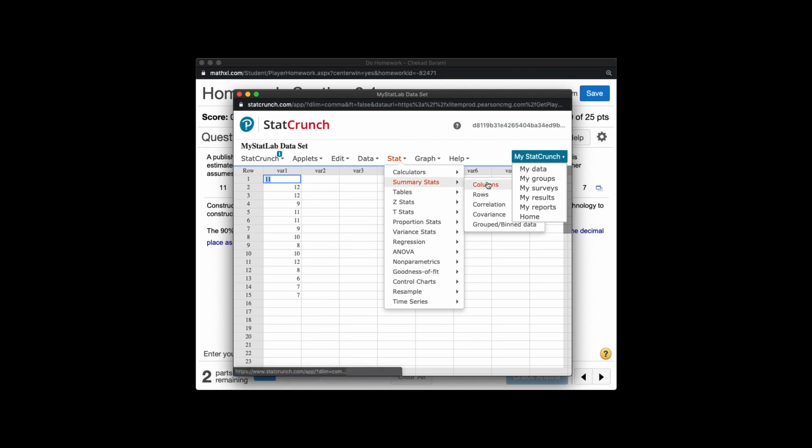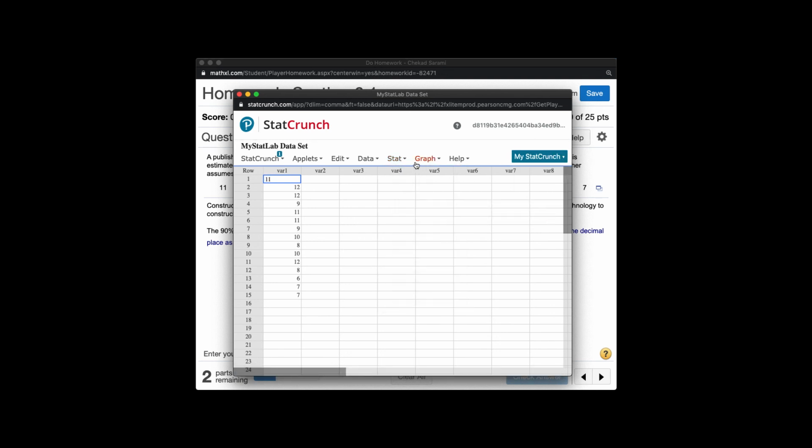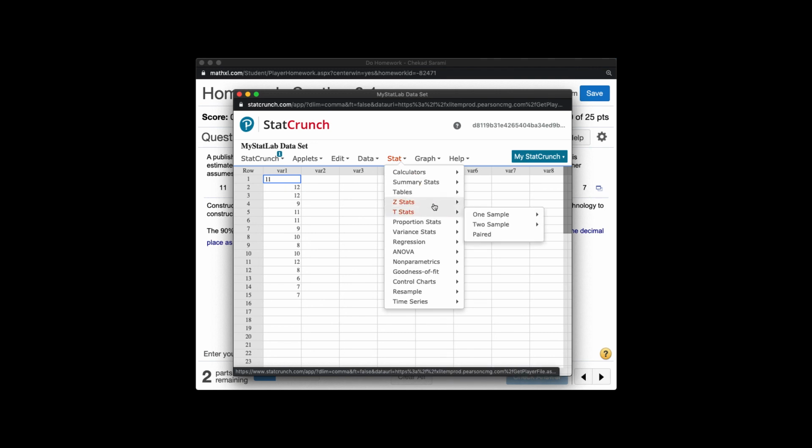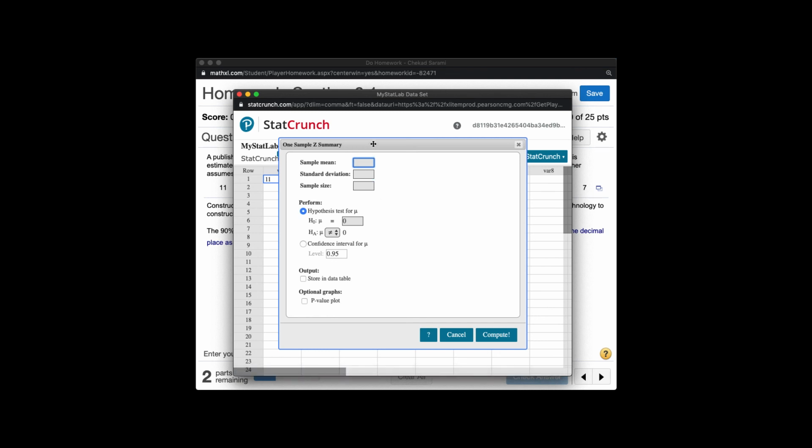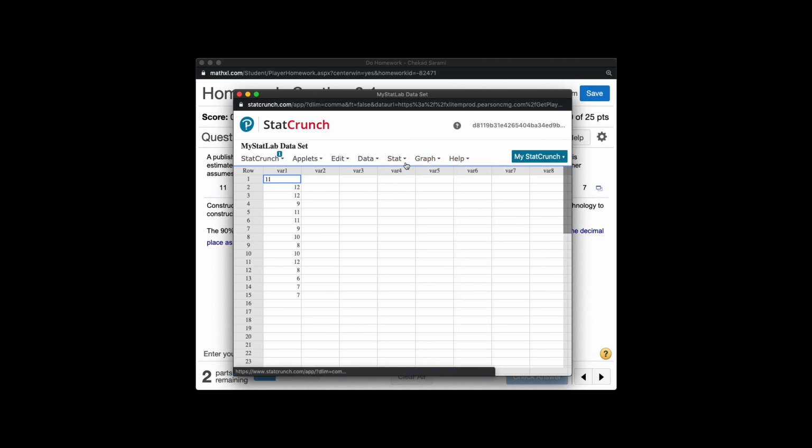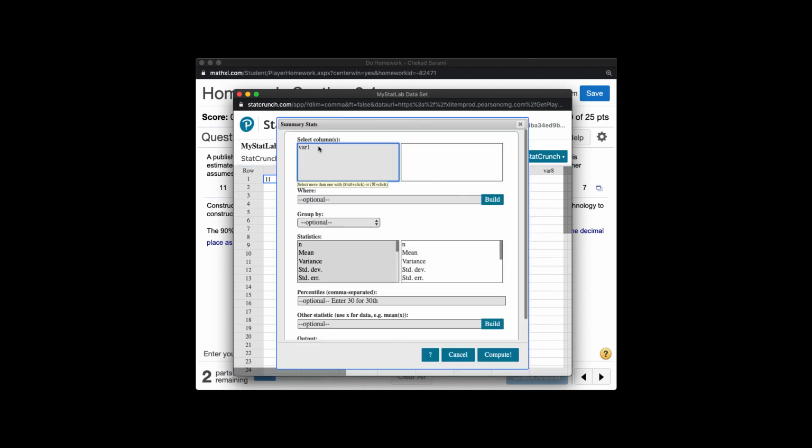You can calculate the mean differently, but we can go to Stat, the column, or we can do another way: Stat, then Z Stat, one sample with summary. So the sample mean, let's calculate this, it seems like it's needed. So we go here, Stat, the column, let's get the mean.